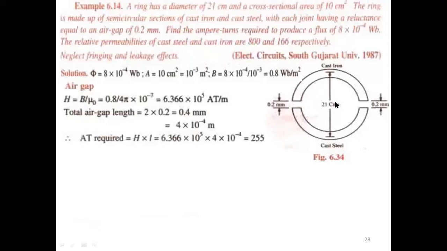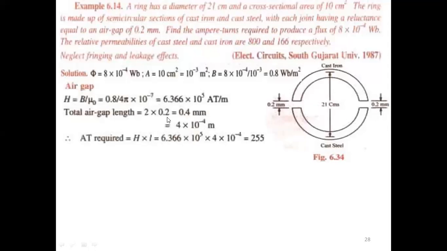First, for the air gap I will consider. How many air gaps are there in this diagram? Two air gaps, 0.2 mm and 0.2 mm.